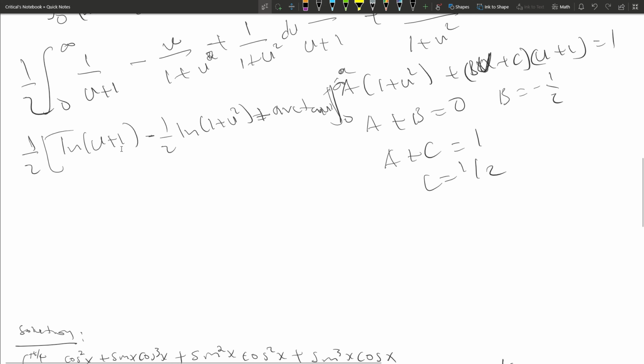So we can combine them. We get infinity minus infinity, and that doesn't really make sense. To make sense out of that, we can combine these two, so we get ln of the square root of u plus 1 over 1 plus u squared, plus arctan of u from 0 to infinity.